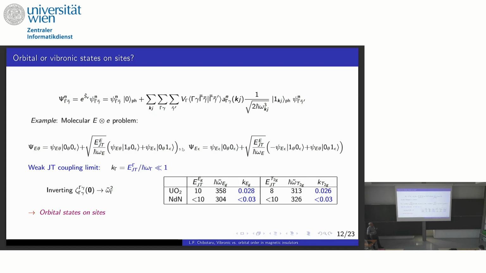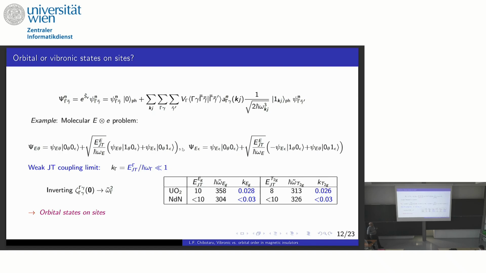This is more clearly seen if you consider a simple molecular E problem and do the same thing; you obtain such a wave function in the case when we take into account Jahn-Teller coupling. What we see is that the addition to the pure orbital is due to this coefficient. The parameter which enters here, which we denote by K gamma, defines whether you have weak or strong Jahn-Teller coupling.